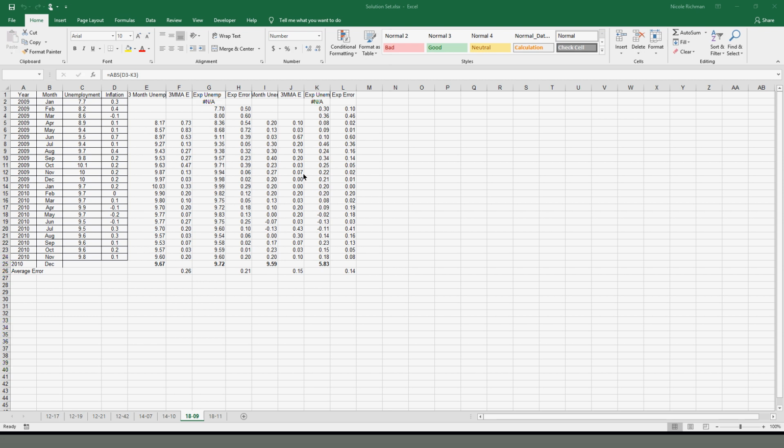The second method is called exponential smoothing, and there's really 2 ways to do this in Excel. The first way is to enter in the formula manually, and exponential smoothing requires 2 months of data prior.